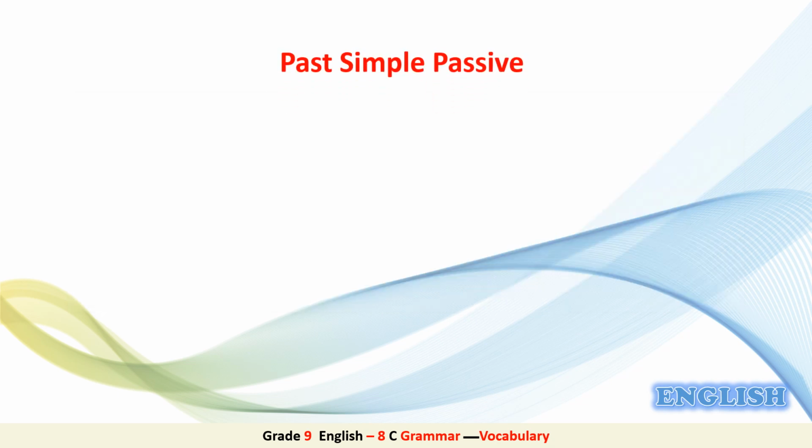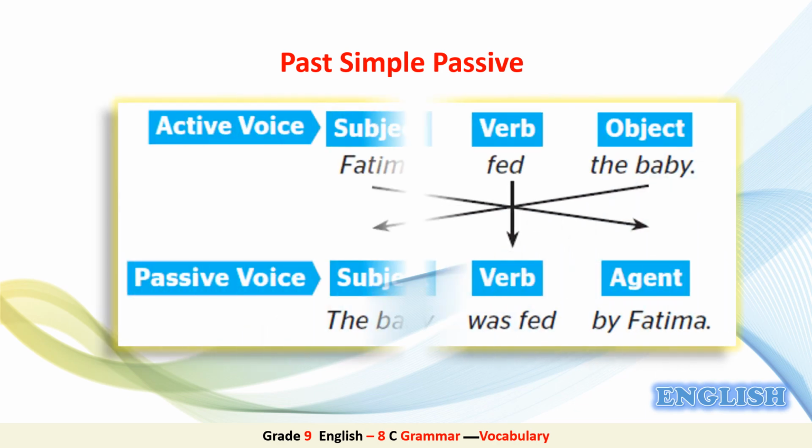Now let's move on to the past simple passive and how to form sentences in past simple passive. First, let's have a look at this active voice sentence. Fatima fed the baby. So Fatima is the subject, it's the real doer. Then we have the word fed, which is a verb in the past simple. Then we have the object, which is the baby. If we want to change it into passive, first we use the object, the baby.